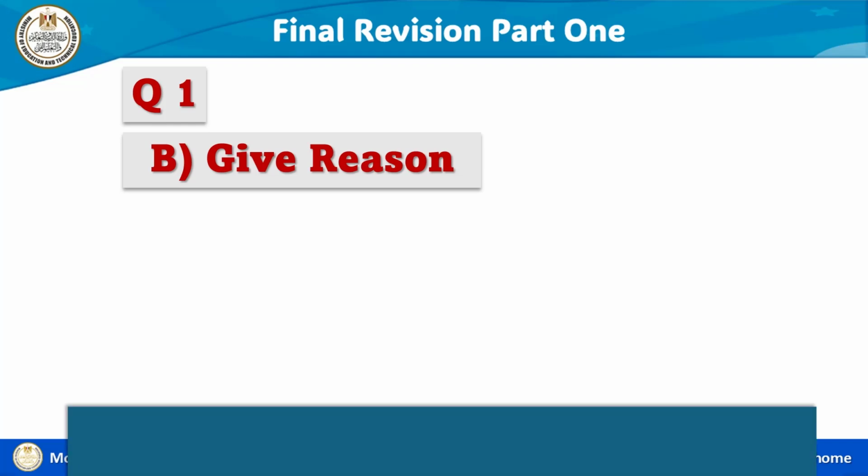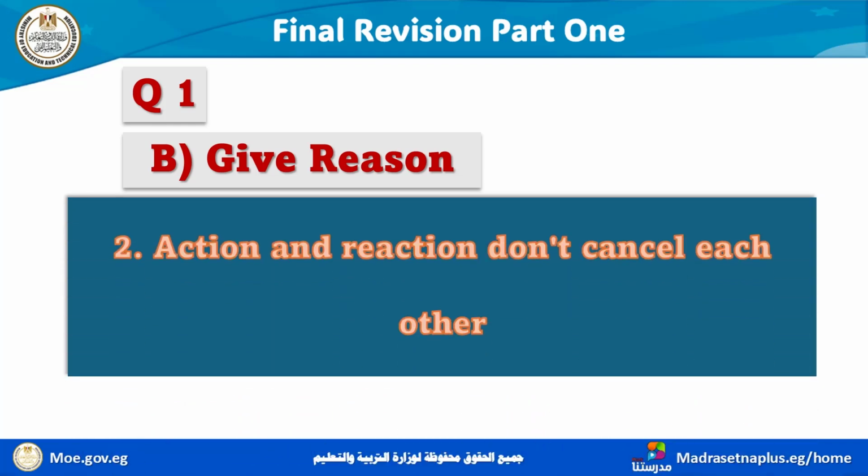Give reason. Number 2. Action and reaction don't cancel each other. Action and reaction forces don't cancel each other because they act on 2 different objects. According to Newton's third law, forces always exist in pairs, but those forces never act on the same body.